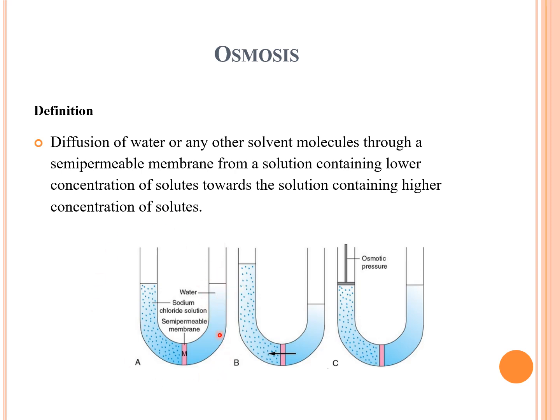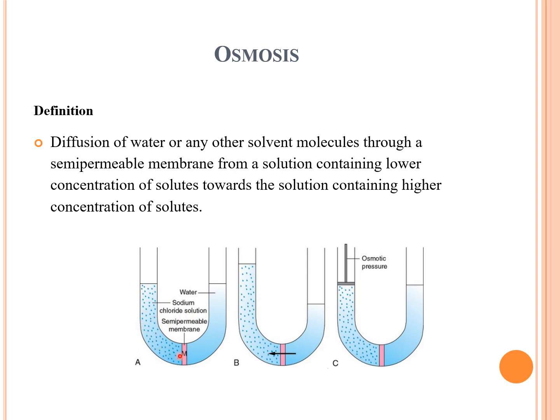Just remember, here you have the solvent. Water is the solvent. Here we have a semi-permeable membrane. Here we have solutes which are higher in concentration. This side there are no solutes, right? So just remember these points. It is very important. In this picture the solutes are sodium chloride.